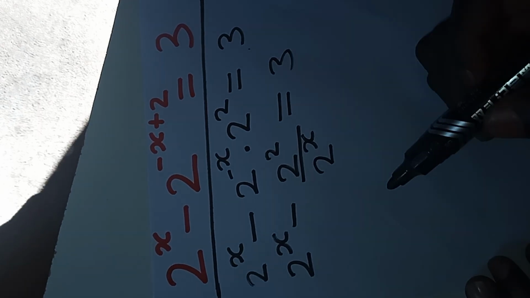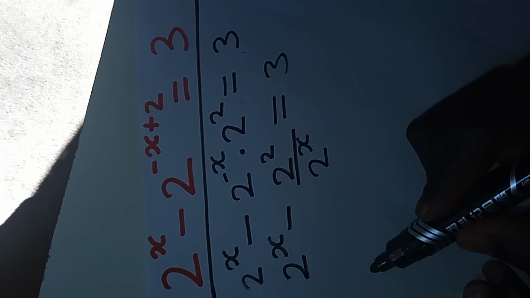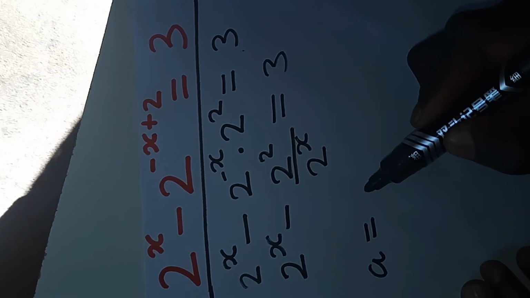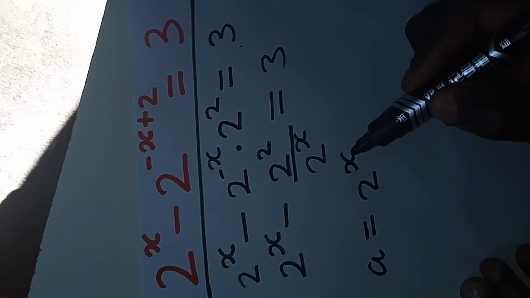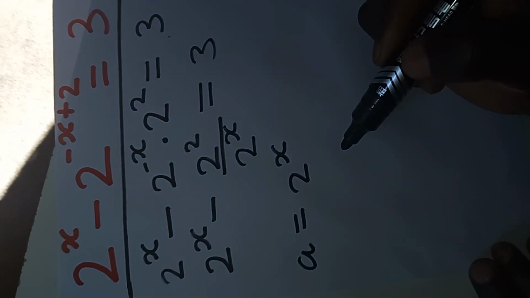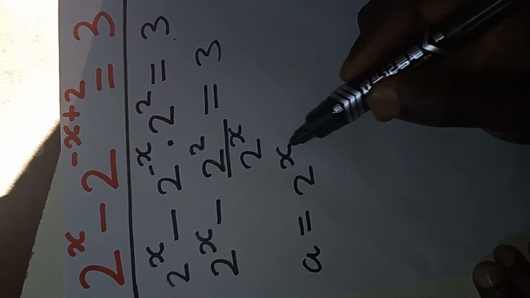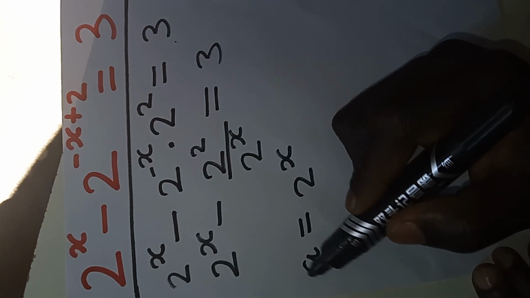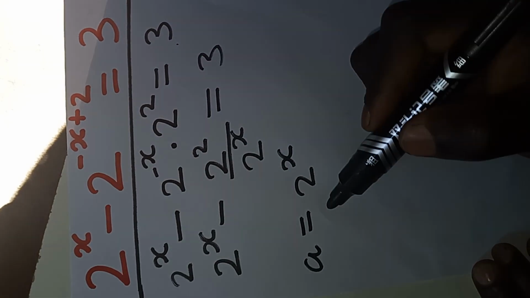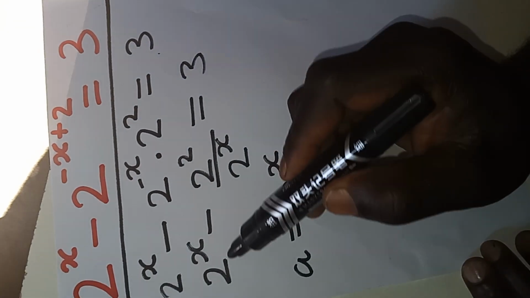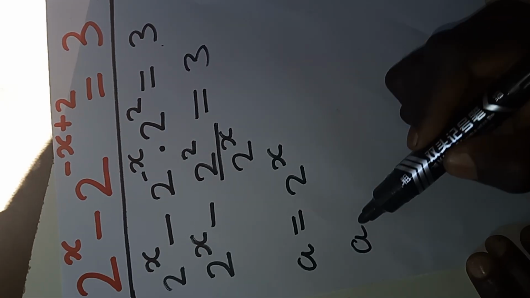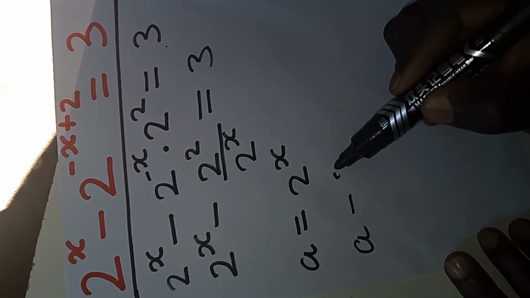So in this case, I want to say a is equal to 2 to the power of x. Remember, when I say a is equal to 2 to the power of x, I just want to replace 2 to the power of x. I want to put a in its place. Now, in this part here, we're going to put a minus 2 to the power of 2.